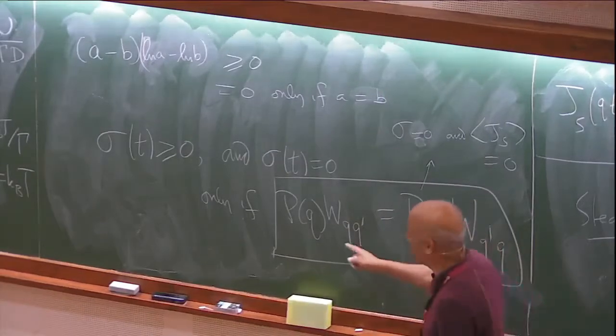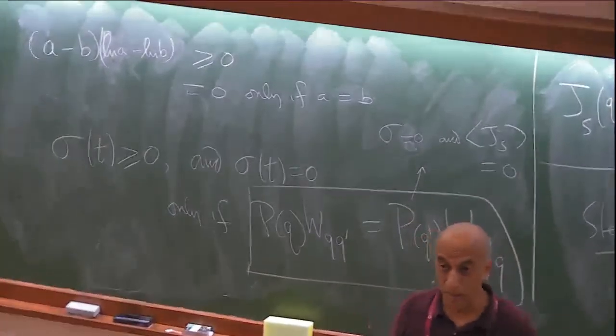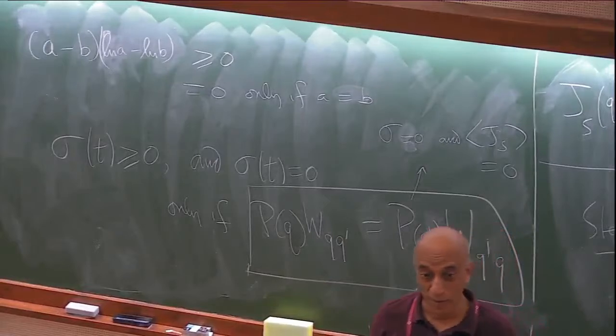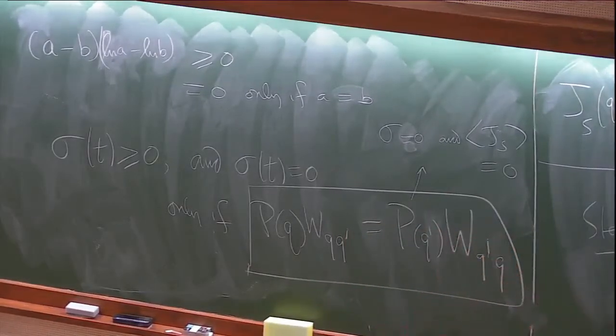If the W's are time independent, then unless P of Q T over P of Q prime T magically is time independent, you could imagine, yeah, so I don't know. Conservation might actually do it out. Okay, don't know.